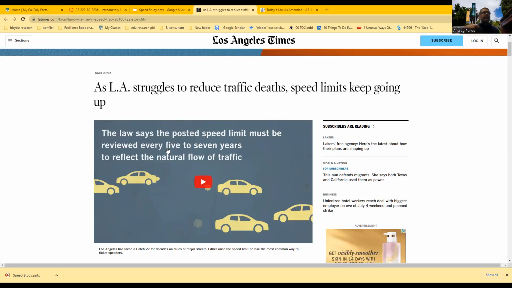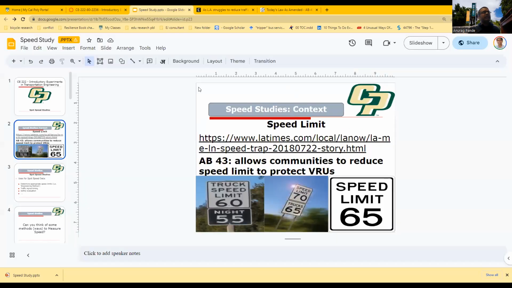And this data, the other types of data, have become even more important with the recent passage of AB 43 that became law in 2022. That basically allows communities to reduce speed limits to protect the VRUs, which stands for vulnerable road users, which are your bicyclists and your pedestrians on the road.